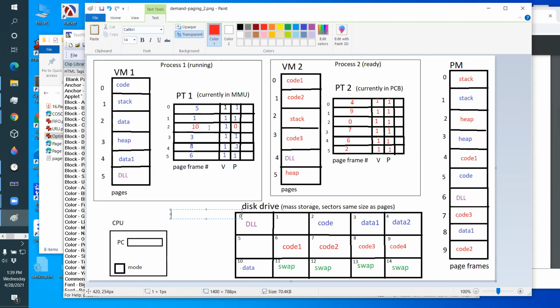It probably can kick out a blue frame if the blue frame has lower priority. If blue is a lower priority process than red, then the red process can probably kick out one of its frames. So in the real world, it's probably something more complicated like that. Like maybe you have a global replacement policy, but only with processes that are lower priority than the one that needs to have something brought in.